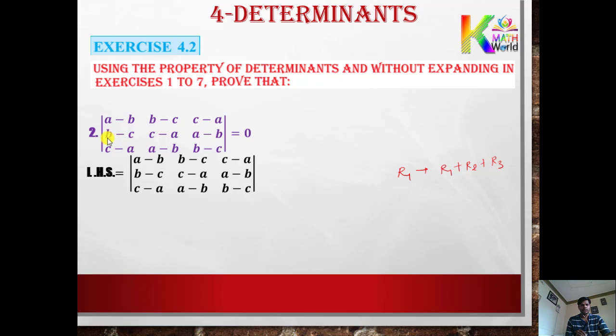Then minus B plus B get cancelled, minus C plus C get cancelled, plus C minus C cancelled, whenever everything is added to the first row.